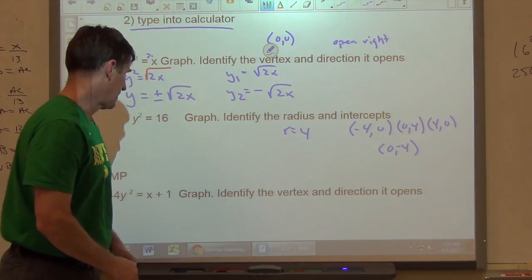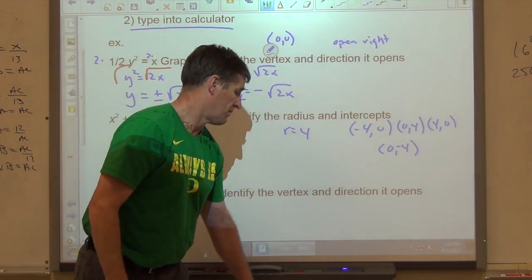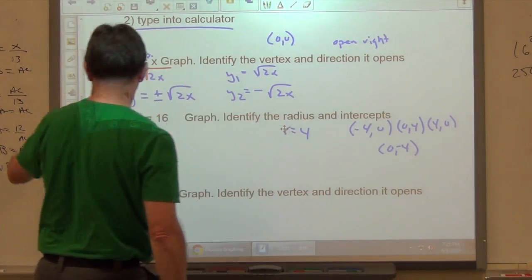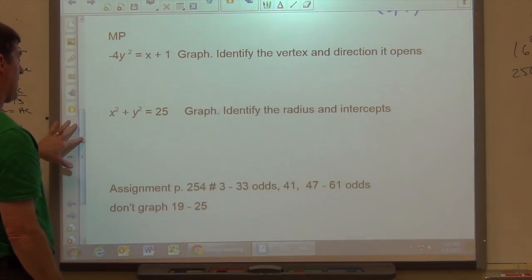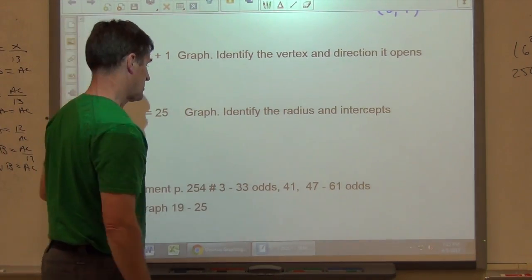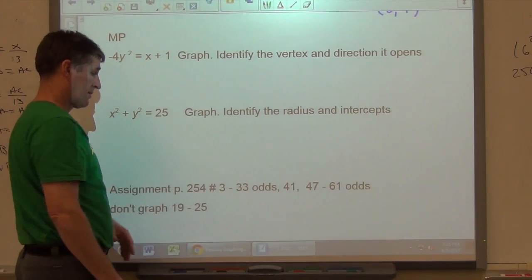So that's what you have to do on that. So, fairly easy. We've got a couple more examples here if you need them. You can pause it here and try these on your own, and then come back and check.